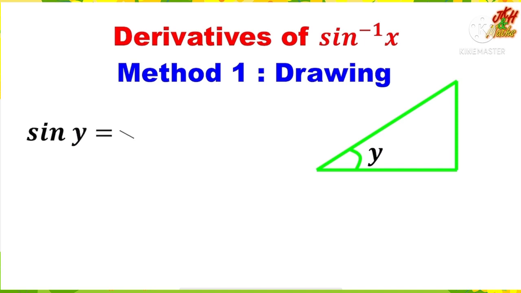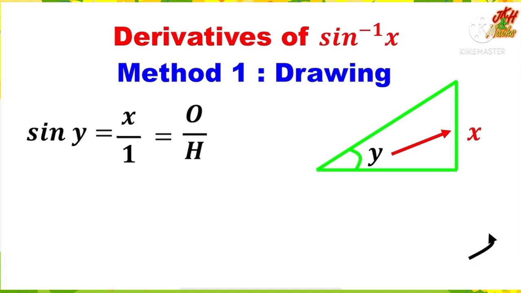Given that sine y is equal to x over 1, where we know that sine is opposite over hypotenuse, the opposite side to the angle is x, and the hypotenuse is this side, which is equal to 1.